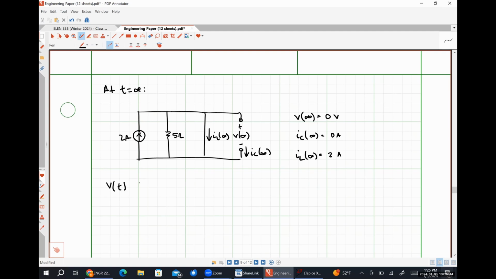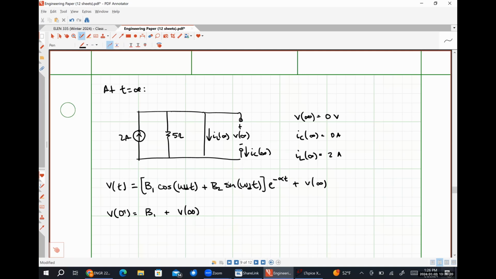V of t will be B1 cosine omega d t plus B2 sine omega d t, all of this multiplied by e to the negative alpha t, plus V at infinity. So V at 0 plus is going to look like B1 plus V at infinity, right?